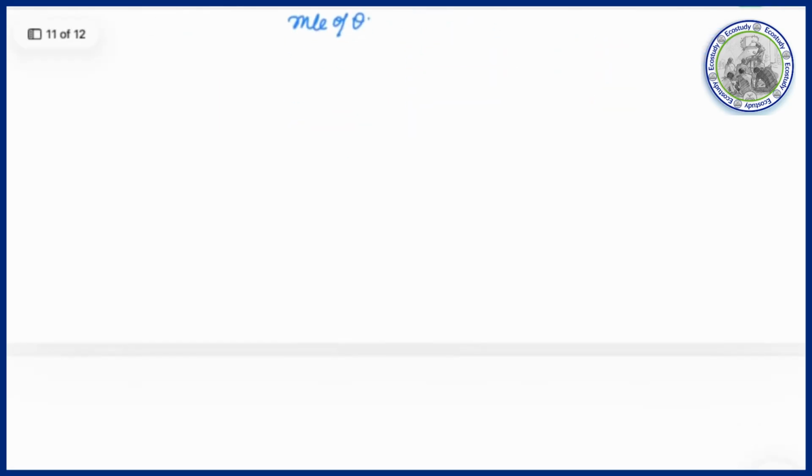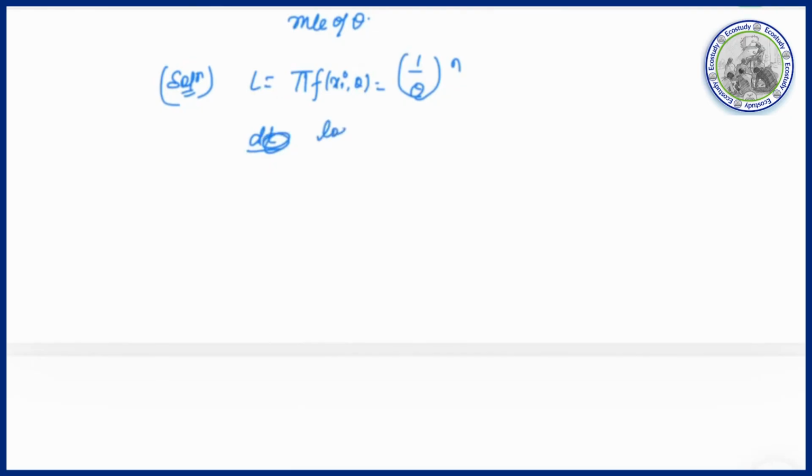How will you calculate it? When you use the procedure of the MLE, what is L? L is equal to the product of f(xi; theta), that is 1 upon theta to the power n. First of all take the log L, that is n log 1 minus n log theta.